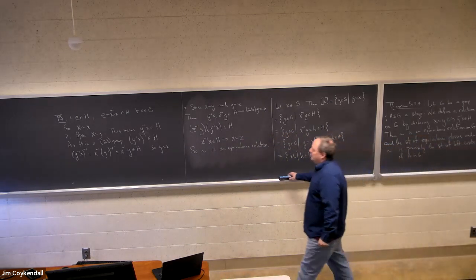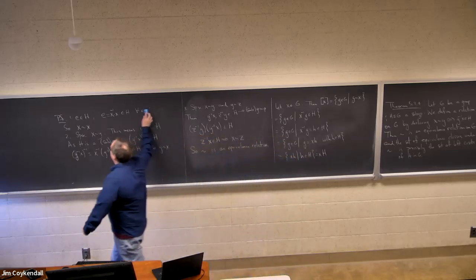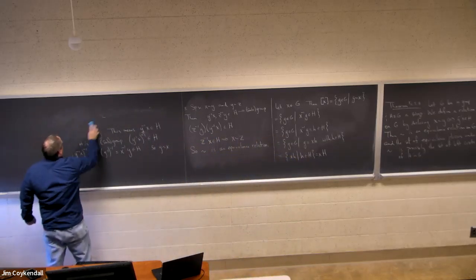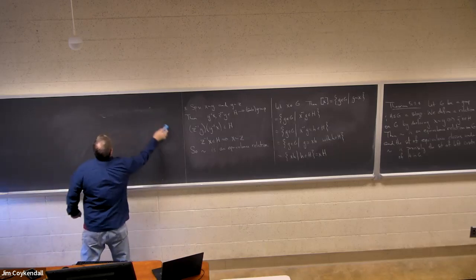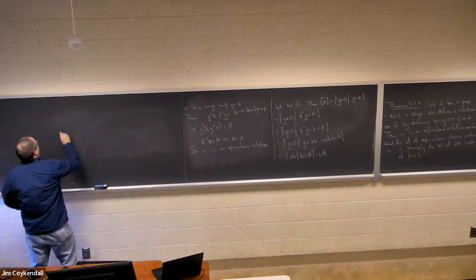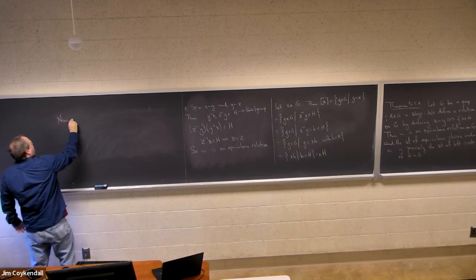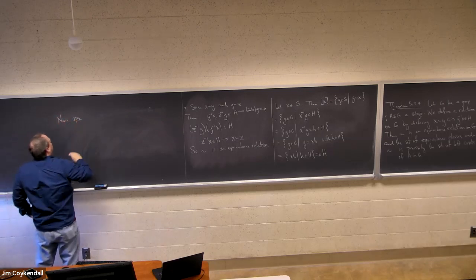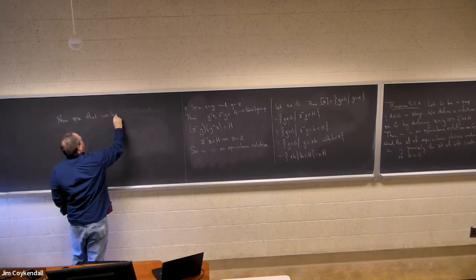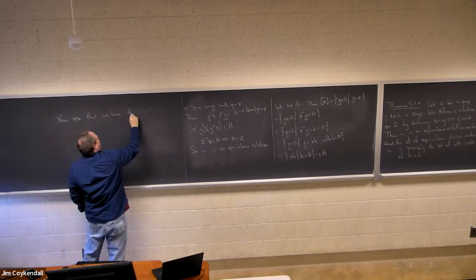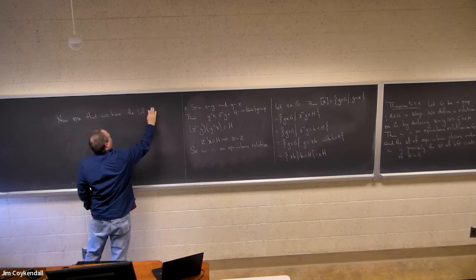Now, I want to get the opposite. That is, that any left coset is an equivalence class. Now, suppose that we have a left coset.